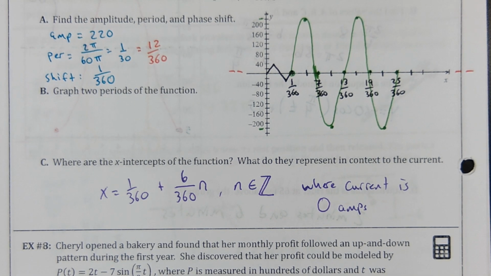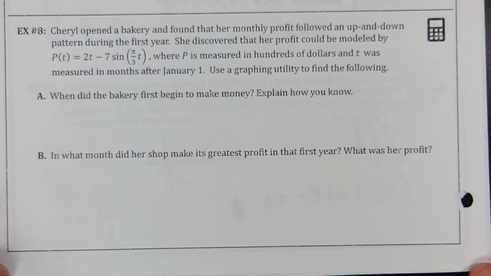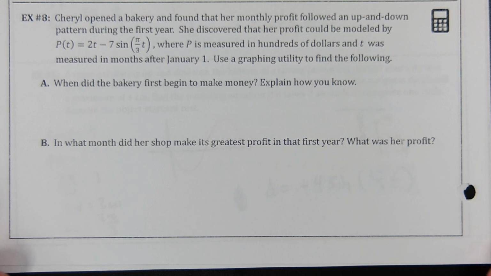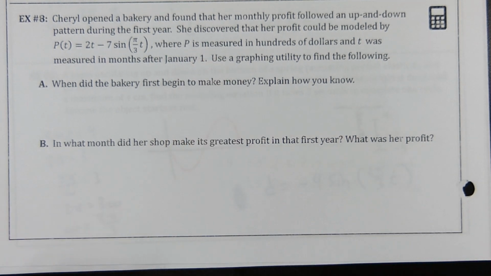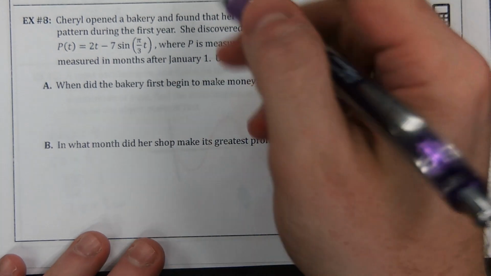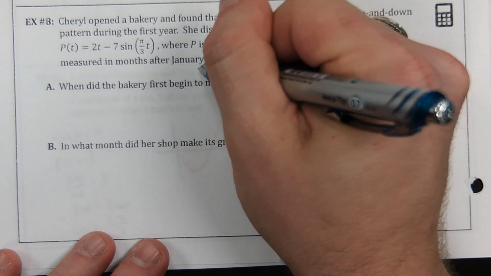I don't know. Alrighty. Cheryl opened a bakery and found that her monthly profit followed an up and down pattern during the first year. She discovered that her profit could be modeled by this equation, where P, profit, is measured in hundreds of dollars and T was measured in months after January 1. Okay, let's talk about that. Because this represents x equals 0.